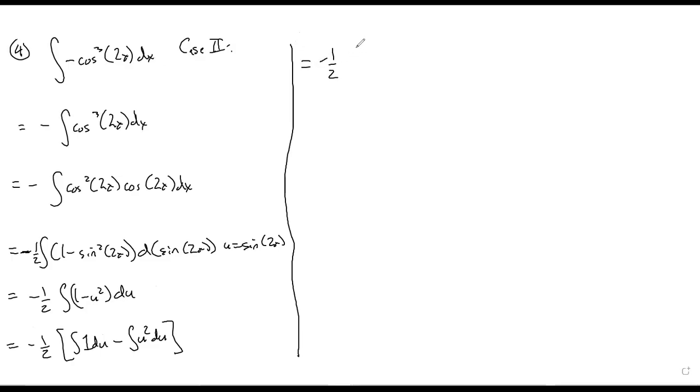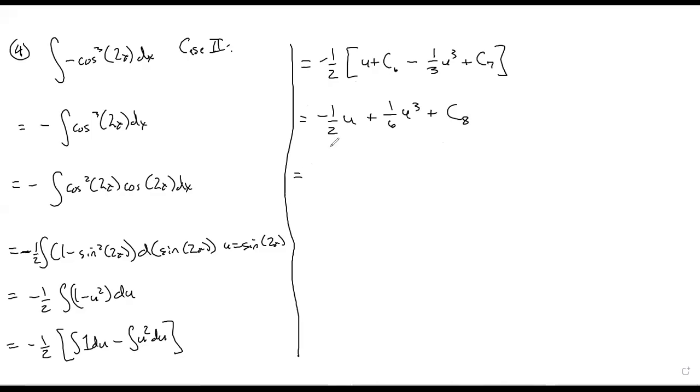negative 1/2 integral of 1 du is just u plus some constant, we'll call it C6, minus 1/3 u cubed plus some constant, we'll call it C7, so negative 1/2 u plus 1/6 u cubed plus some arbitrary constant C8.